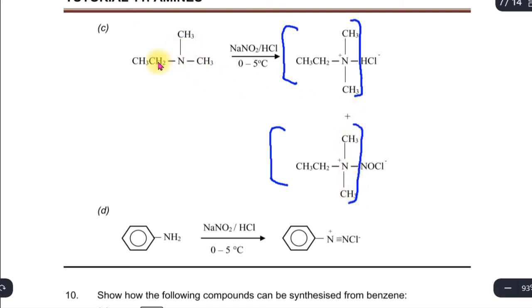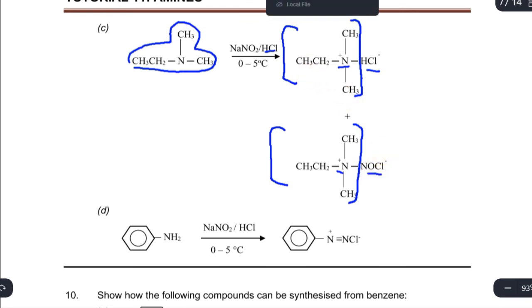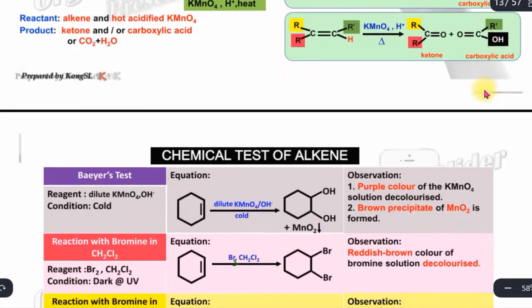You just notice right here, you copy and paste everything, and then this part is Cl negative, and then N positive. Another part is N positive and then NO Cl negative. If you're not sure, you look at the tertiary in the summary notes.